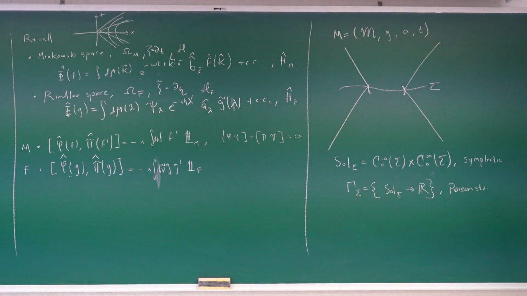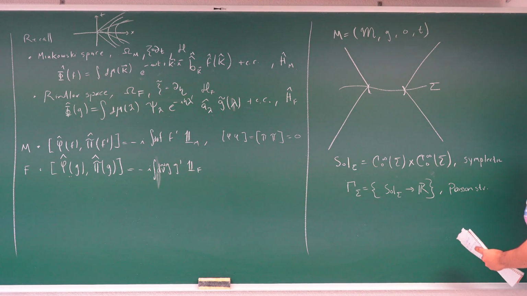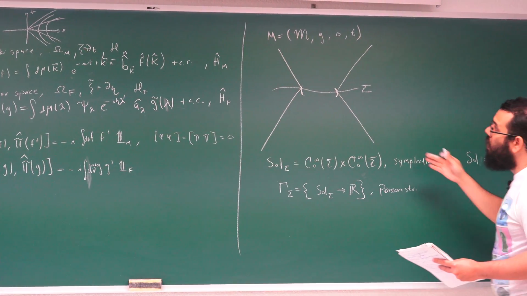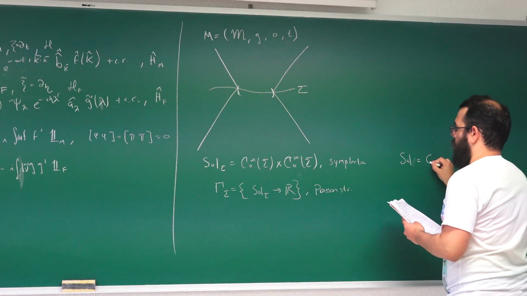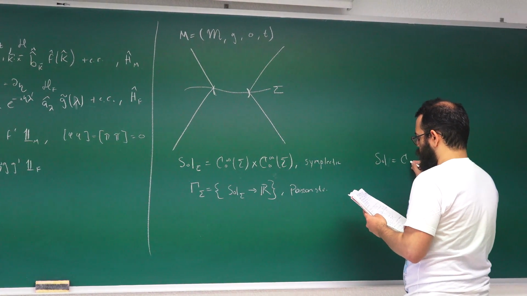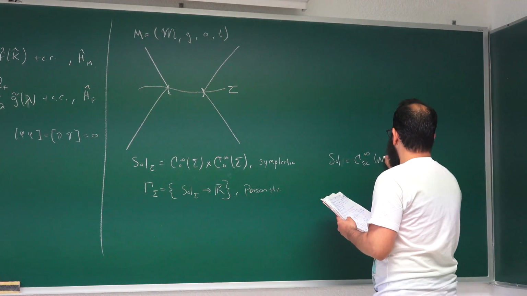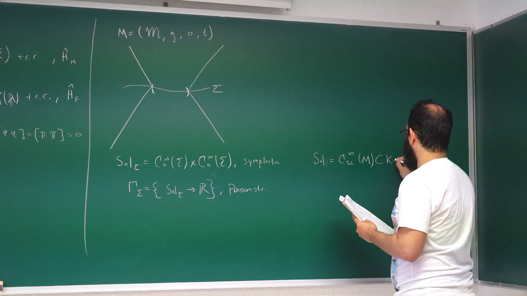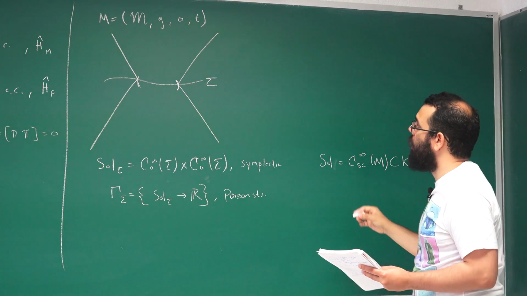And so, in curved spacetime, what is more natural is to think of the solution space as field configurations themselves. In particular, I want to consider the solution space R, I'll tell you what this is in a minute, that lies in the kernel of the Klein-Gordon operator. What do I mean by that?